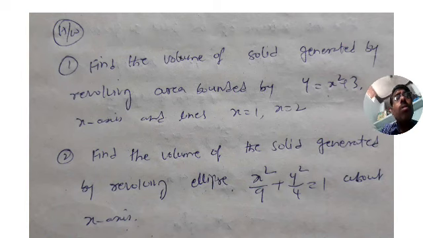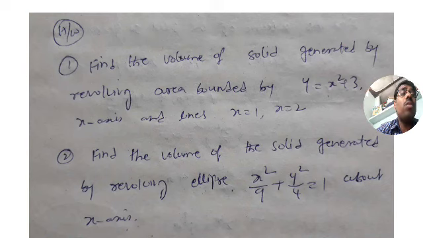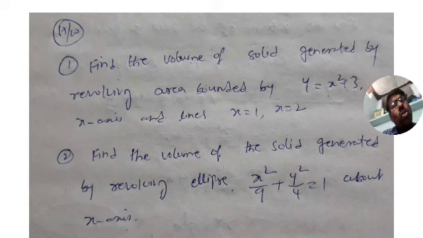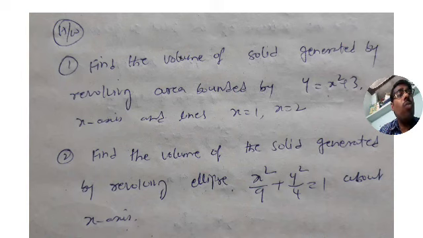Now, first problem: find the volume of a solid generated by revolving the area bounded by y is equal to x square plus 3, the x-axis and the lines x equal to 1, x is equal to 2, about the x-axis. What is the formula?